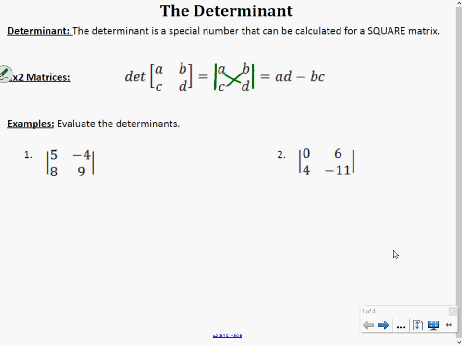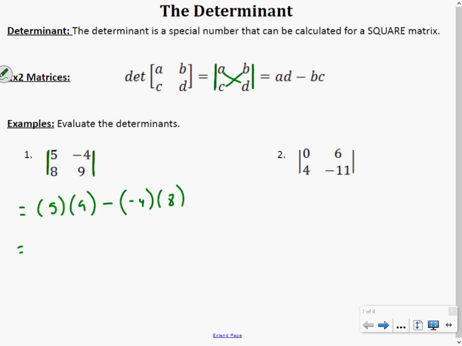So I've got two examples here. I'm going to be calculating the determinant of this matrix inside. So we're going to do 5 times 9 minus 8 times -4, or -4 times 8. The order doesn't really matter.